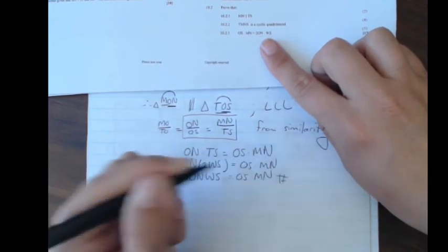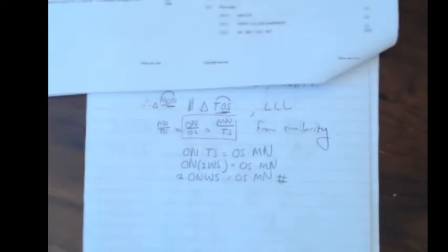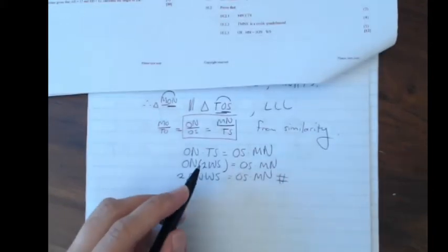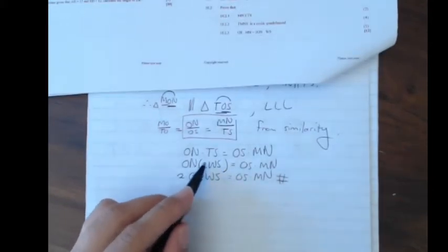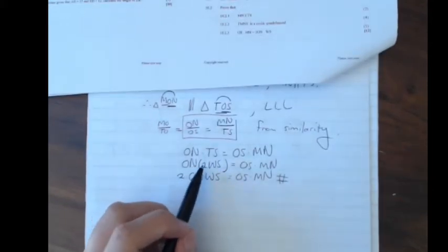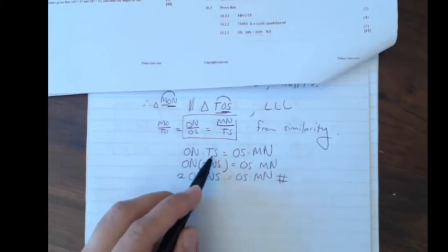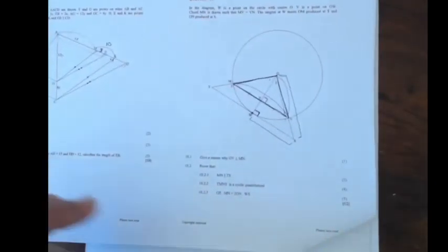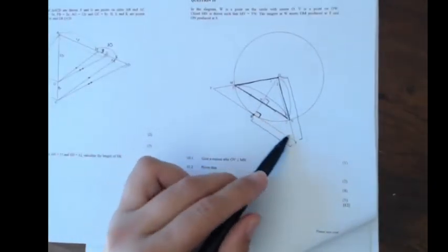So that's the proof. But before we conclude this, you must actually have some valid reason why WS will be exactly half of the TS, because it's not necessarily given that those two lines are equal.